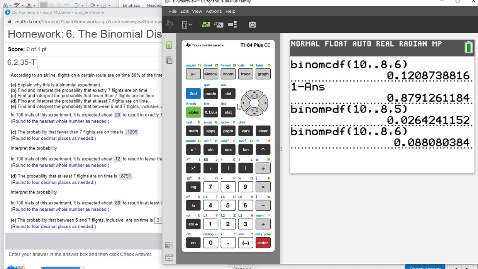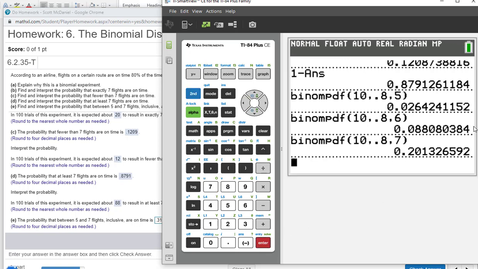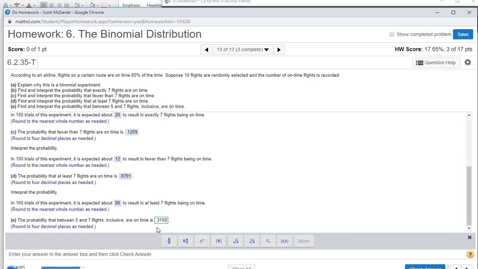And then press second enter and change it to 7. Then we add these 3 numbers up. 0.02642 plus 0.08808 plus 0.20133. And we should get the 0.3158 figure.